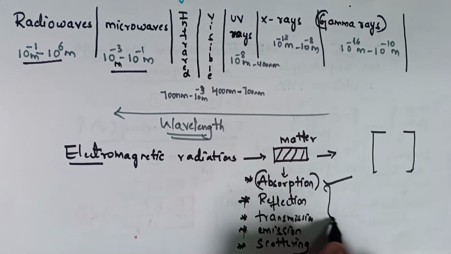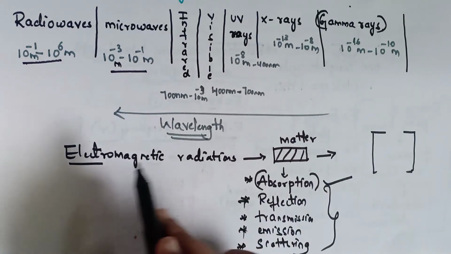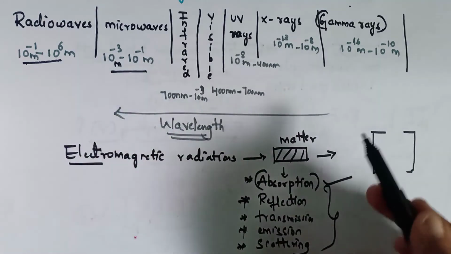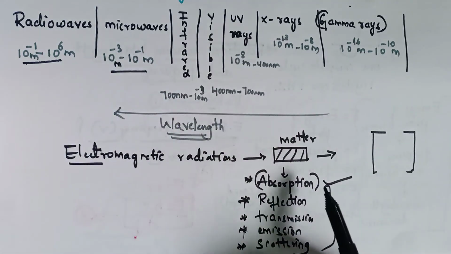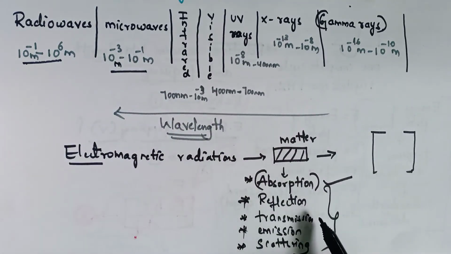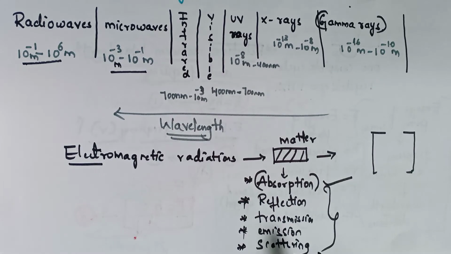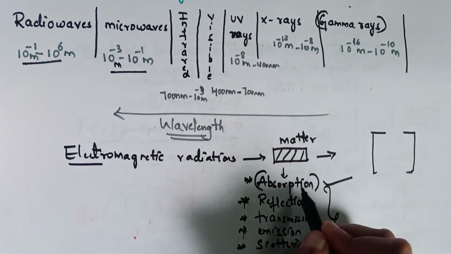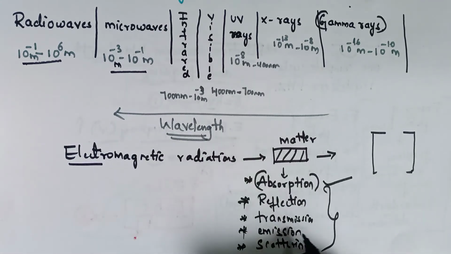These 5 things can happen when electromagnetic radiation interacts with matter: absorption, reflection, transmission, emission, and scattering. Based upon these interactions, we have absorption based spectroscopy, emission based spectroscopy, and scattering based spectroscopy. These are the 3 types of spectroscopic techniques.